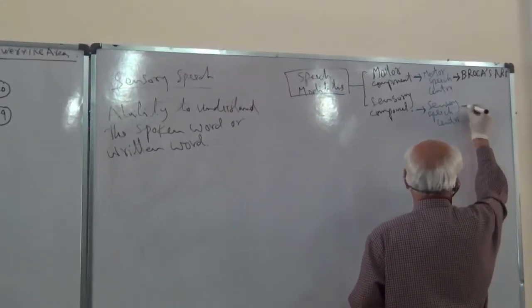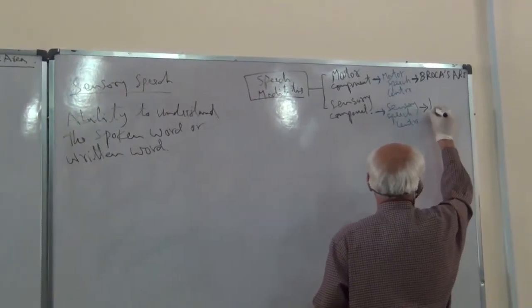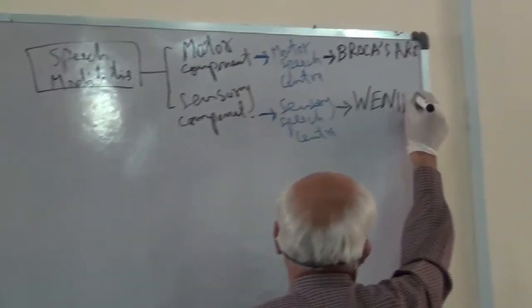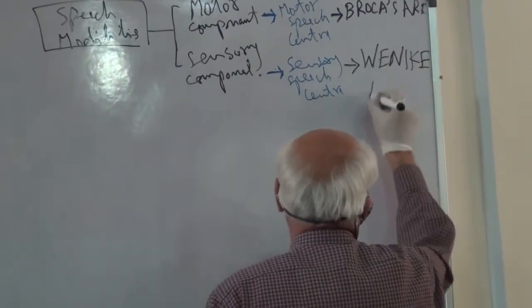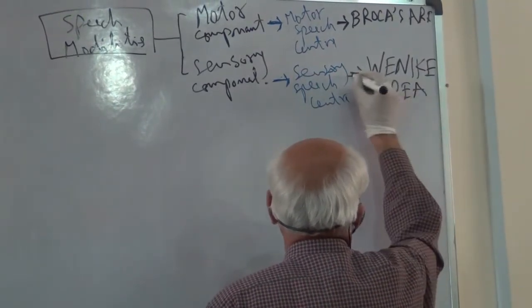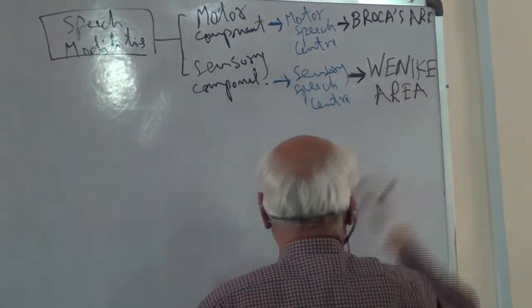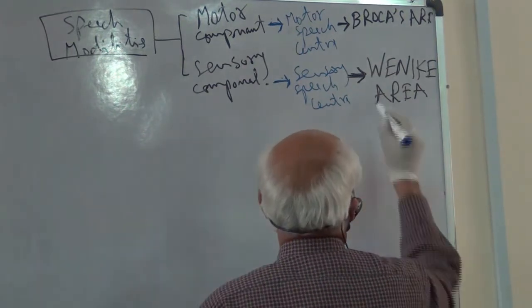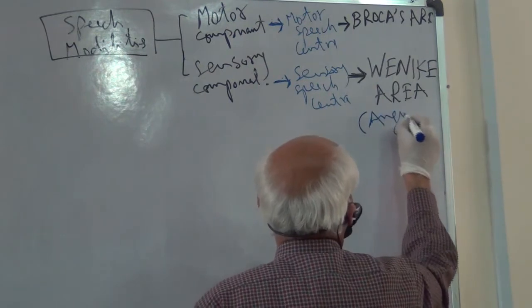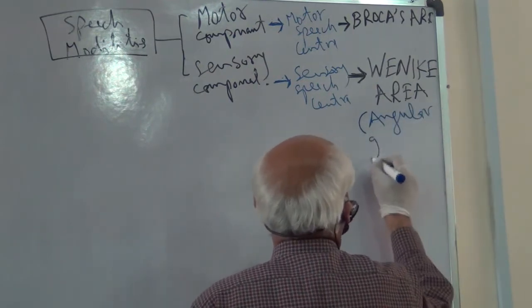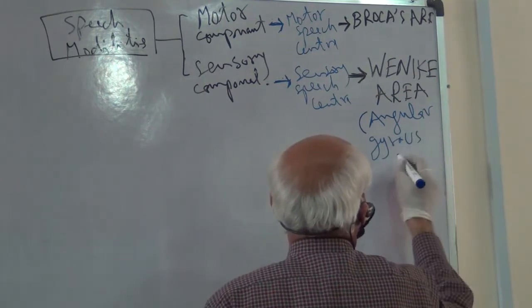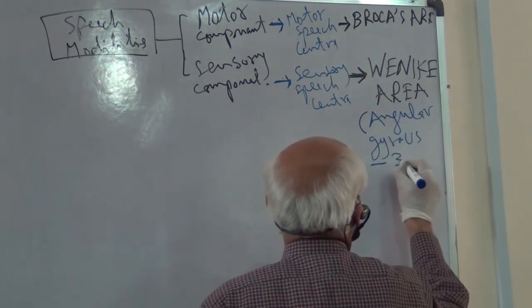And what area is this? It's Wernicke's area, which I will explain later, especially the angular gyrus, area number 39.